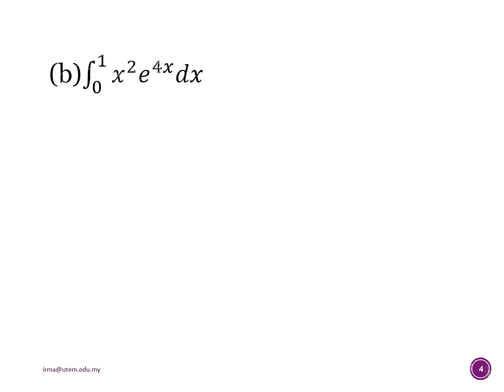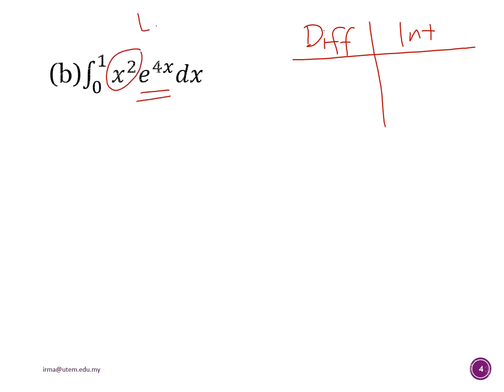Now let's move to question B. We have the function x squared e to the power 4x. Using the same technique, I have something to differentiate and something to integrate. We have polynomial and exponential, so if you use LIATE, polynomial will come first as well.